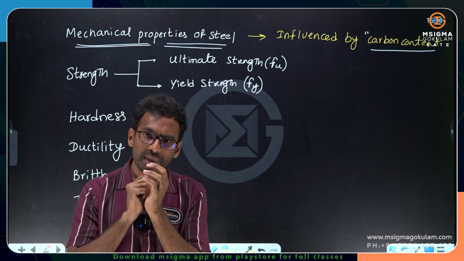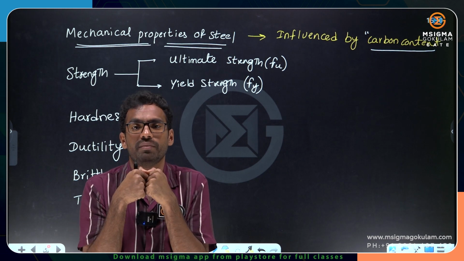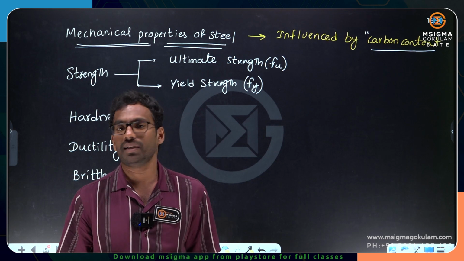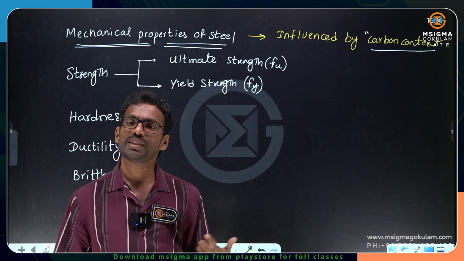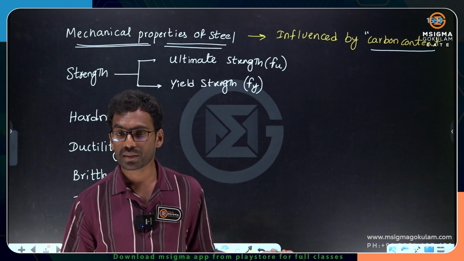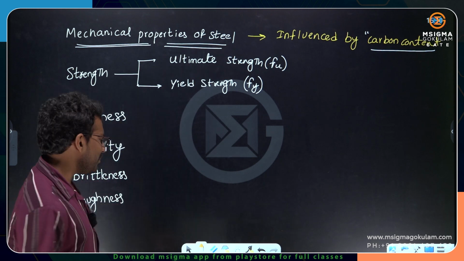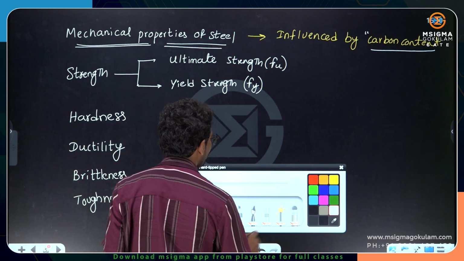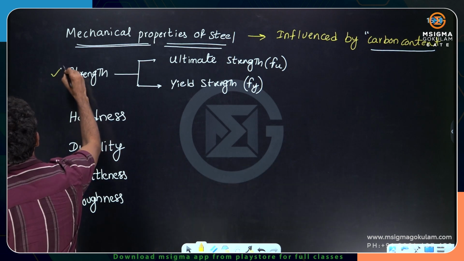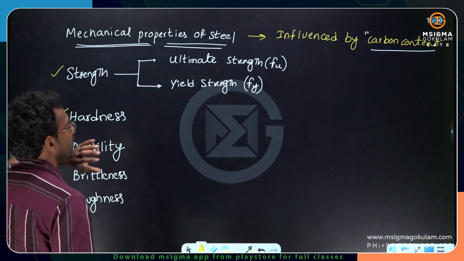When you try to make a rubbing action on a material where atoms are very closely packed, it will not come out. It will not undergo wear and tear. Therefore, if the carbon content is more, the resistance to wear and tear action is also more. We can say that hardness is also more. These are the very basic, important points which you have to understand. So when the carbon content increases, strength increases and hardness also increases. These are the two benefits we are having.